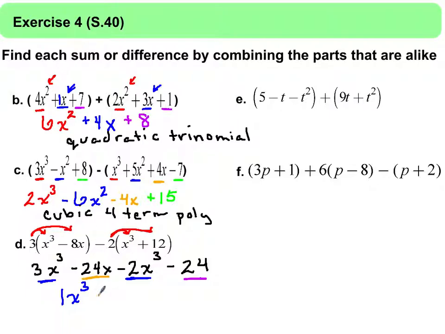We have our minus 24x, which does not have a like term. And then we have our minus 24. And again, if I classified it, we would classify this as a cubic due to the third degree, the largest degree, and then 1, 2, 3 terms. So therefore it will be a trinomial.